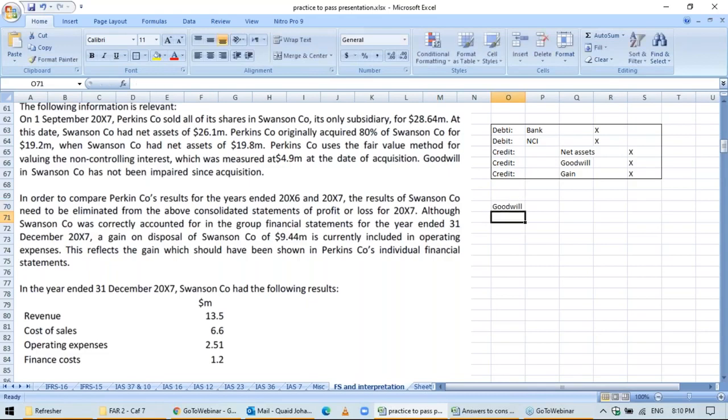For goodwill, I need to know the investment amount, and the investment in the subsidiary is 19.2 million, the consideration paid. Then I have to add the fair value of NCI.